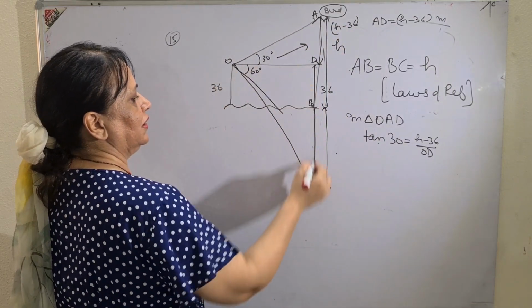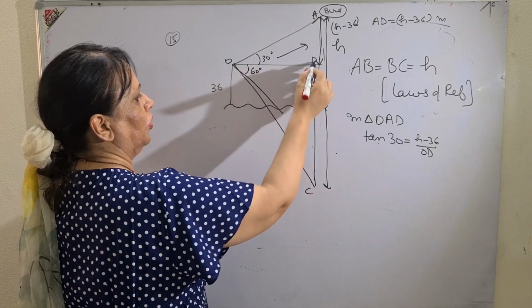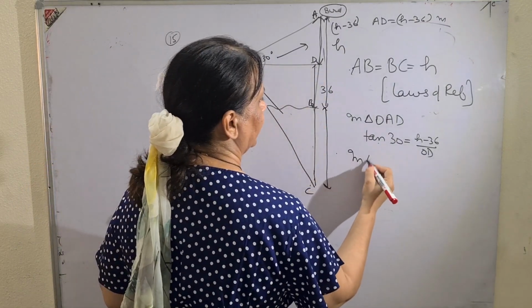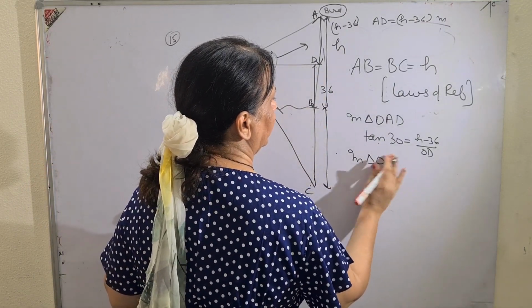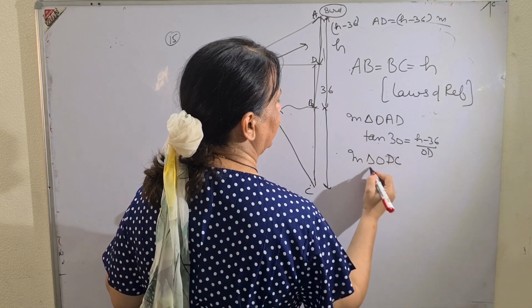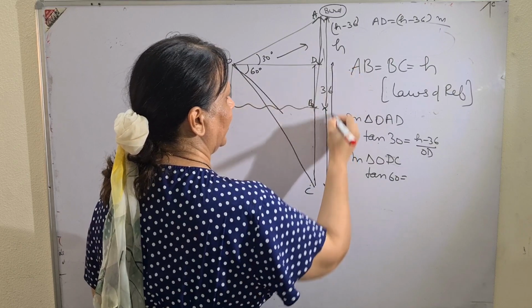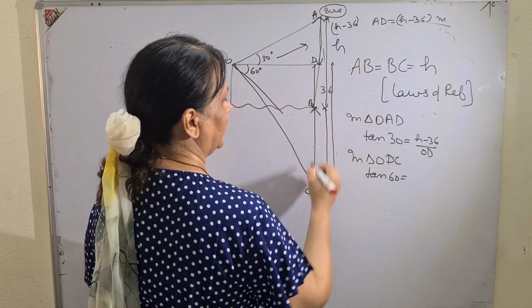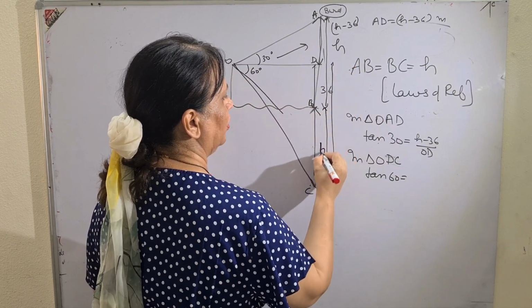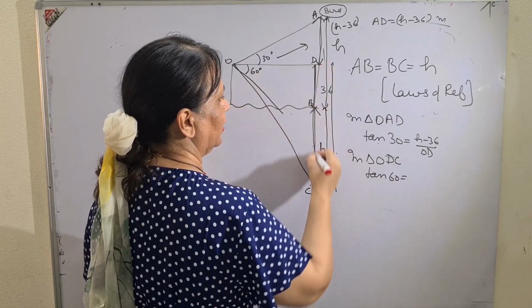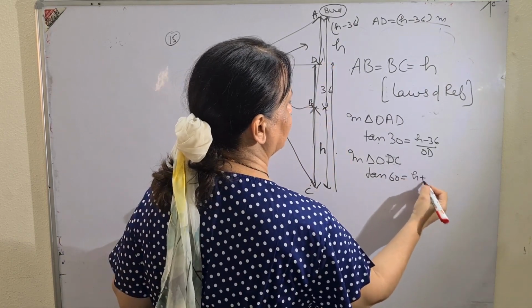Now come to the lower triangle, in triangle ODC, tangent of 60 is equal to, now you see the full triangle, this much part is H according to laws of reflection. So total will be H plus 36.